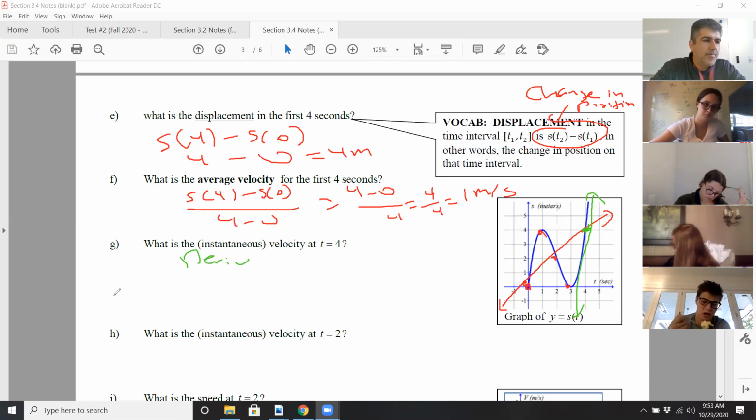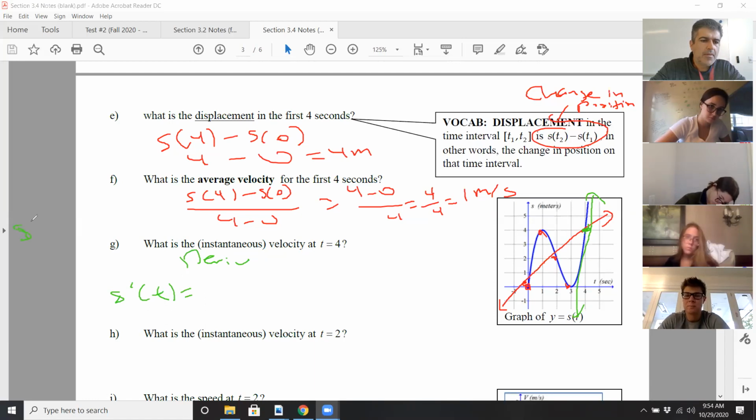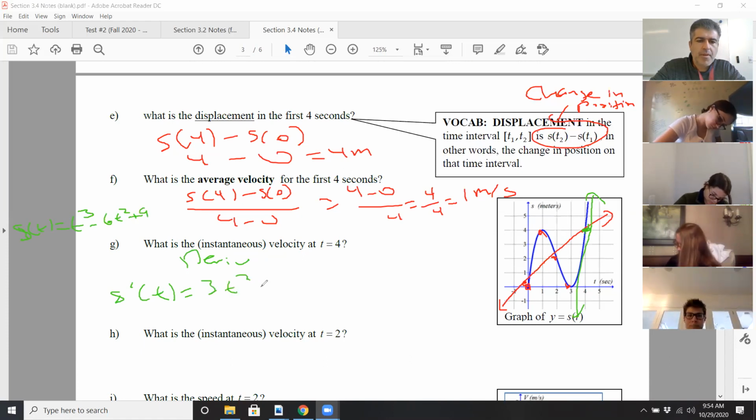So all I need to do here is find s prime of t. Well, s was t cubed minus 6t squared plus 9. So it's 3t squared minus 12t plus 0.